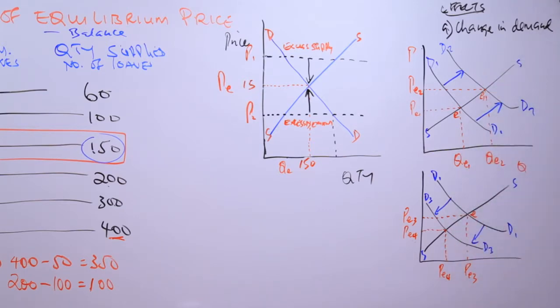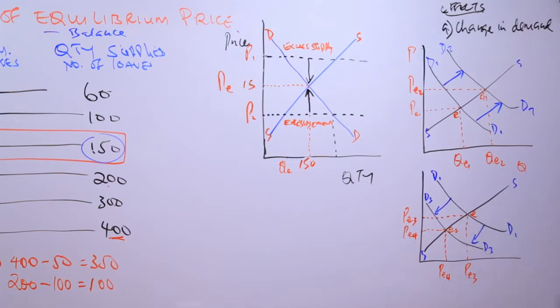When there is a decrease in demand, it results in a decrease in equilibrium price and also equilibrium quantity. So in this case you have a new equilibrium point.